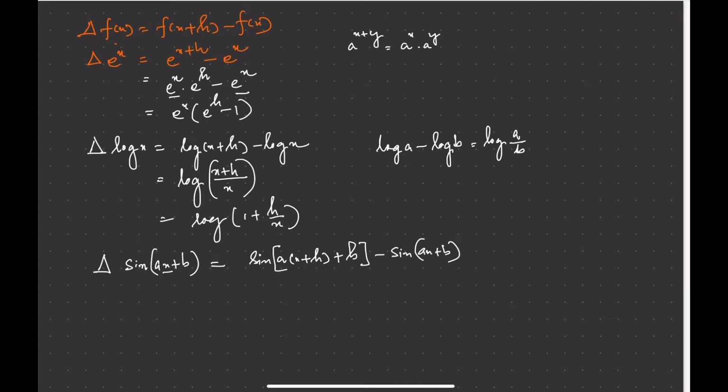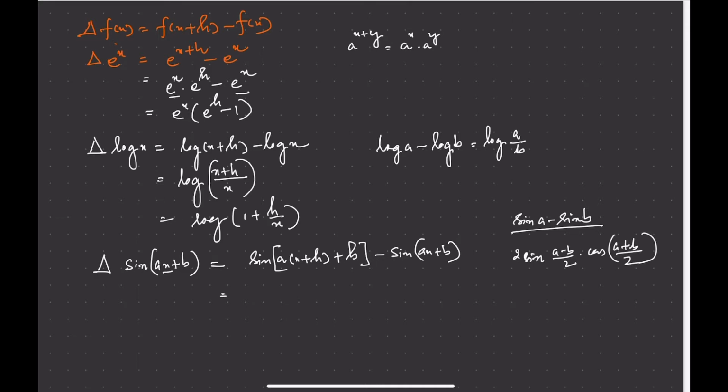Now we can derive from the formula for sine A minus sine B. What is the formula? The formula is 2 into sine of (A minus B) by 2 into cos of (A plus B) by 2.